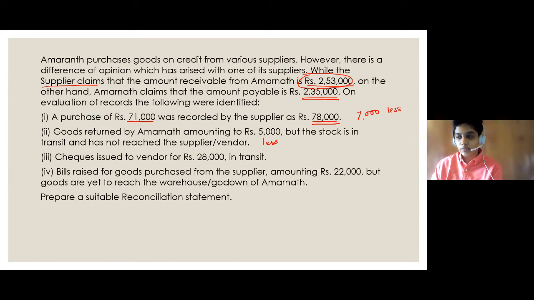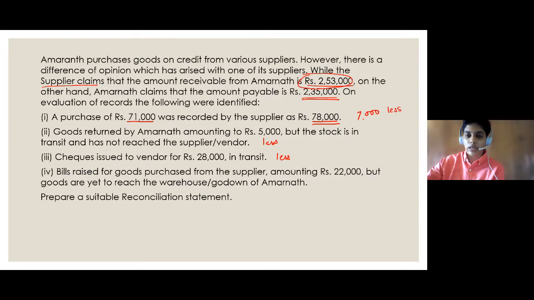Then the next item that we have is cheques issued for rupees 28,000 in transit. Again, cheques that we have issued to this particular supplier, they are in transit. We have sent them, but they haven't reached them yet. So since they haven't reached them, again, there is no effect that has been made. And since we have paid, their balance should be reduced.